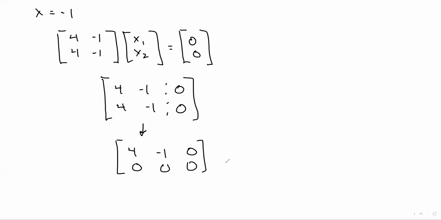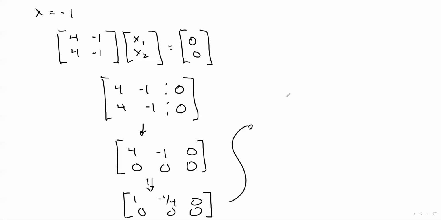And then from there, you could go through and turn this into a 1. We've got [1, -1/4, 0]. And then we could translate this back. This is x1 minus 1/4 x2 equals 0. We've got a row missing, so the free variable x2 equals x2.